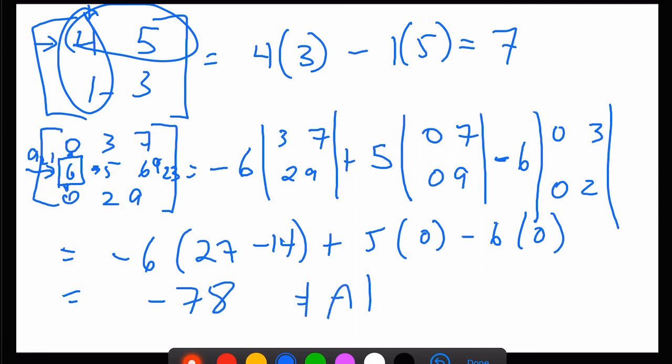Doesn't matter which row or which column I pick, I'm going to get the same answer. This column has 2 zeros in it. That would be the easiest way to do this. I could do it off of this one, but I end up with the same answer regardless of what row or what column I pick. So I picked the easy one with the 2 zeros in it, and that just makes my life really easy.